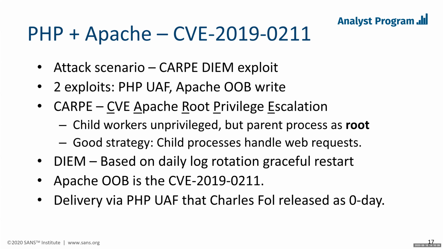Charles Foale said that when he released this, he had previously contacted the PHP maintainers, but they hadn't addressed the problem and they hadn't responded to him in a timely fashion. So when he released the CVE 2019-0211 write-up, the PHP use after free content was also released, which was 0 day at the time.